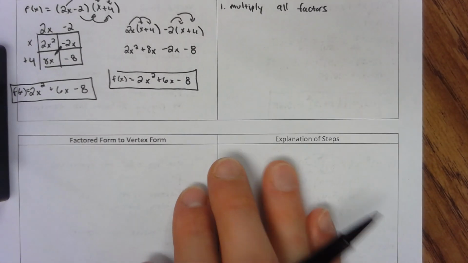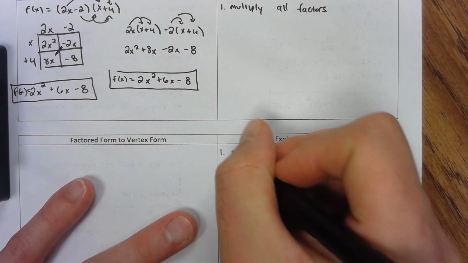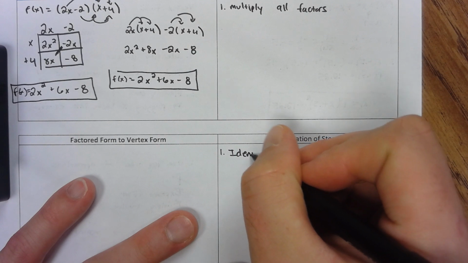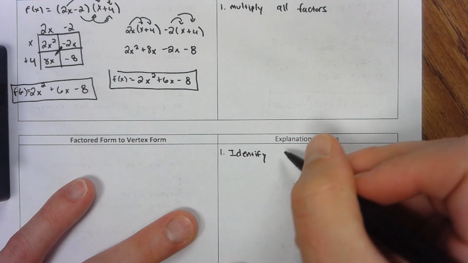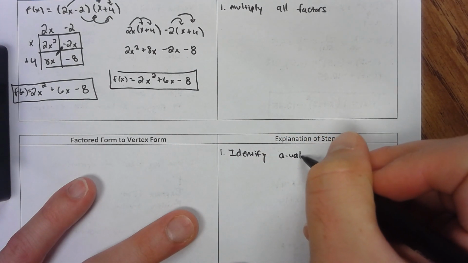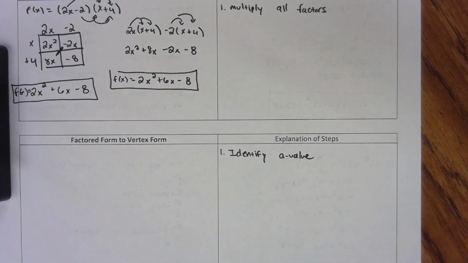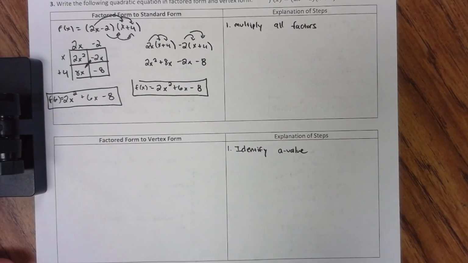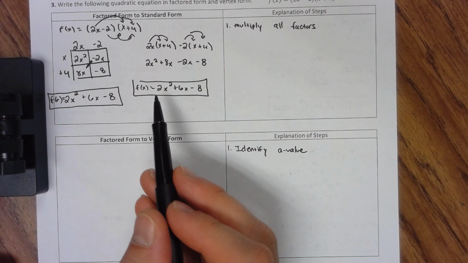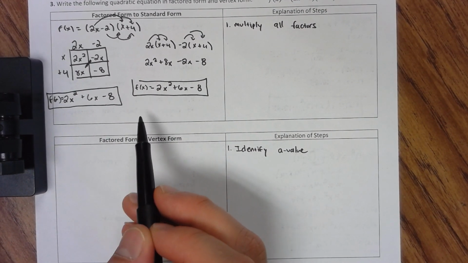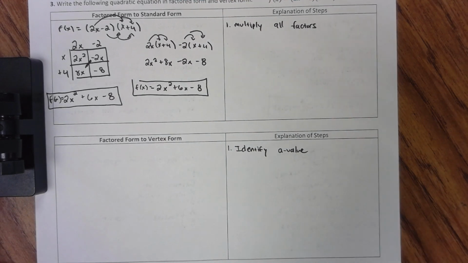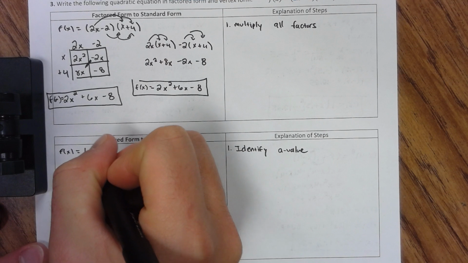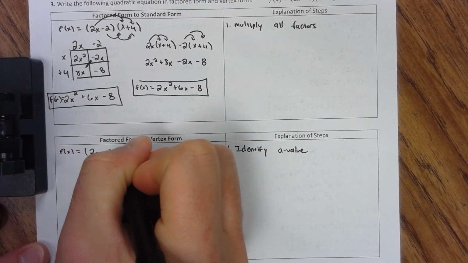So let's say down here that number one, we want to identify the a value. To identify the a value, it almost is going to be easier if we multiply it and get it in the standard form first, because I can clearly see that it's this 2 here. Now, I could also pick that up, and I'm just going to write the equation again: 2x minus 2x plus 4.